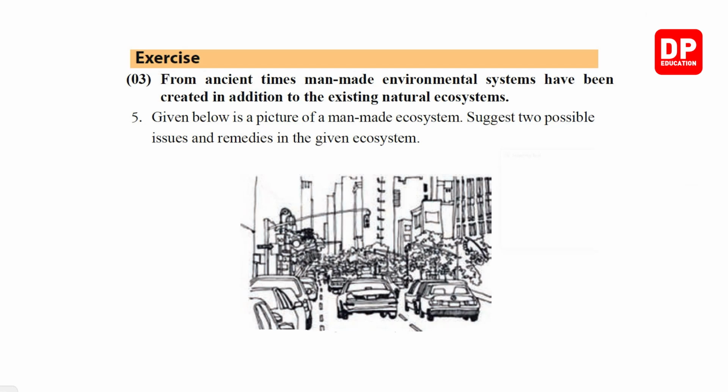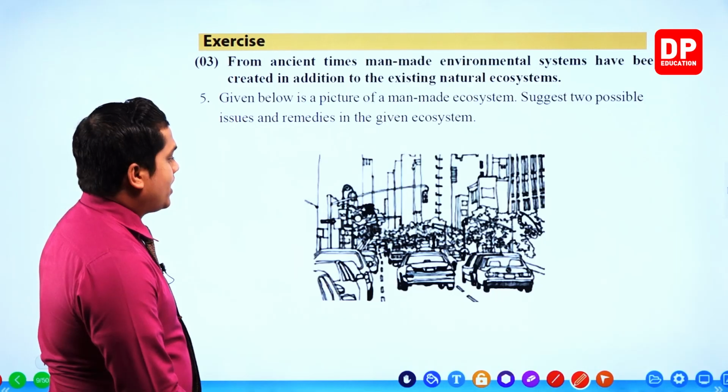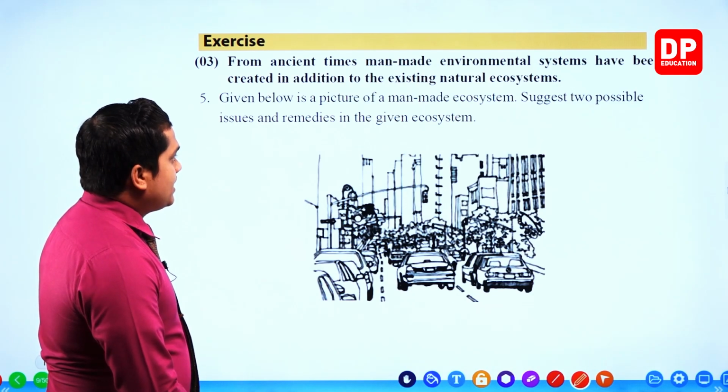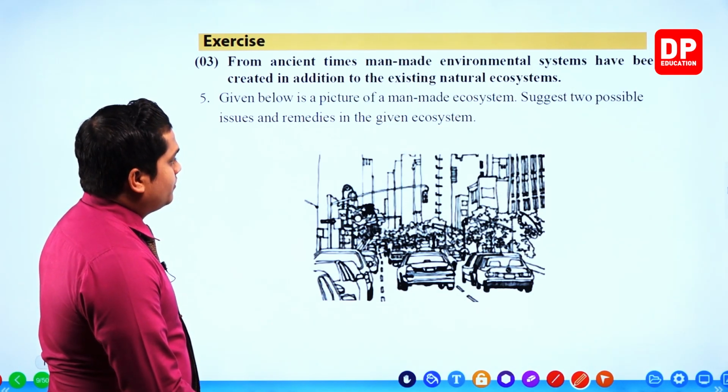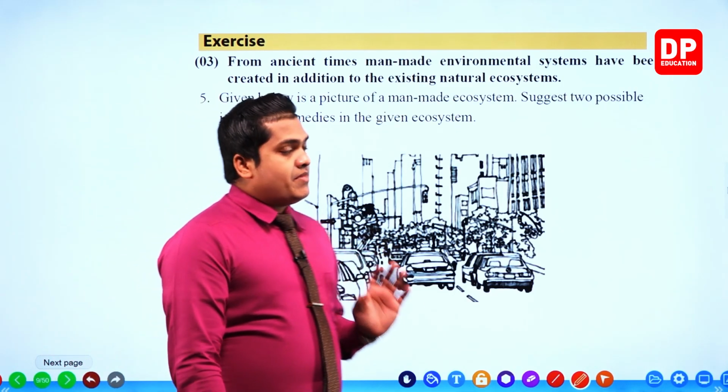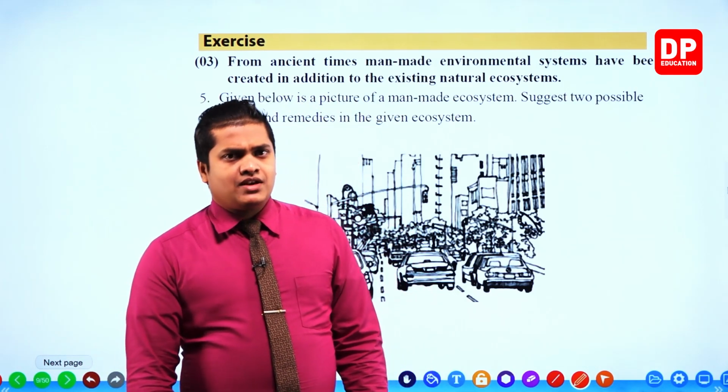Given below is a picture of a man-made ecosystem. Suggest 2 possible issues and remedies in the given ecosystem. So there are several issues, my dear children. When you take a certain man-made ecosystem, there are several issues.